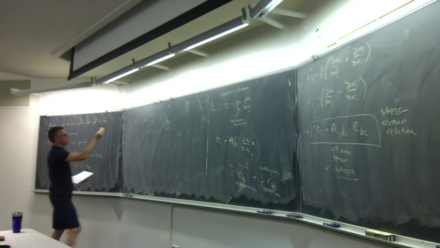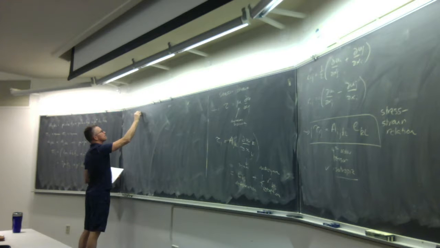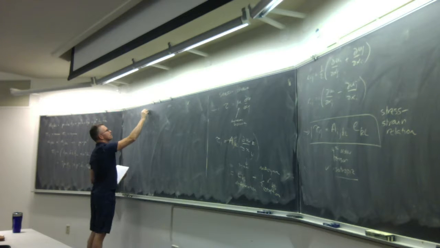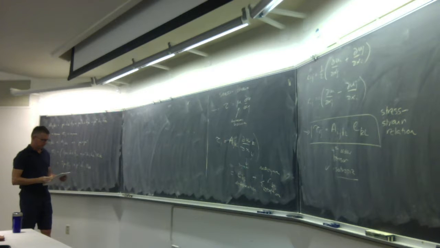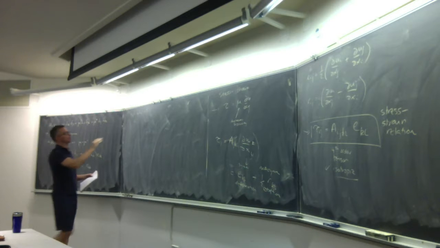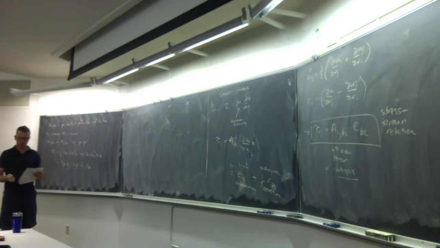All right, back to tau ij is equal to minus p delta ij plus sigma ij. So the thing is, we said we want pressure to contain the information about the diagonal terms.